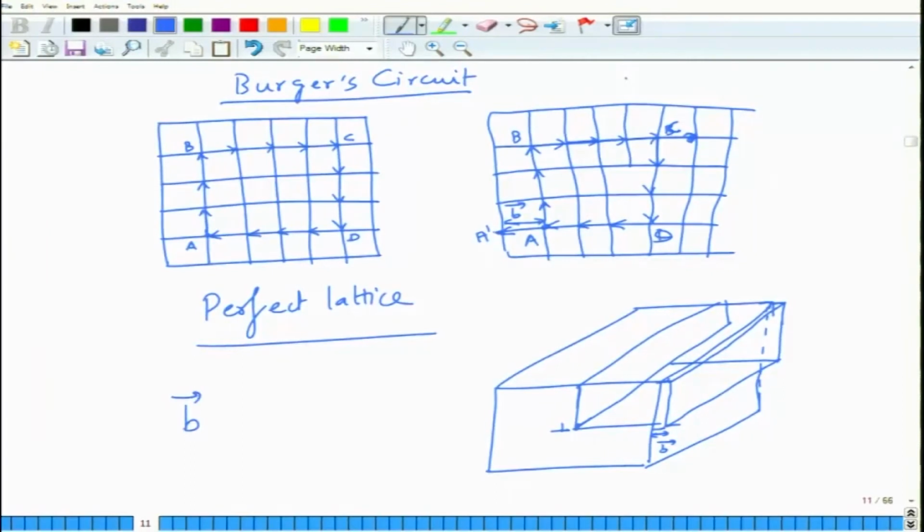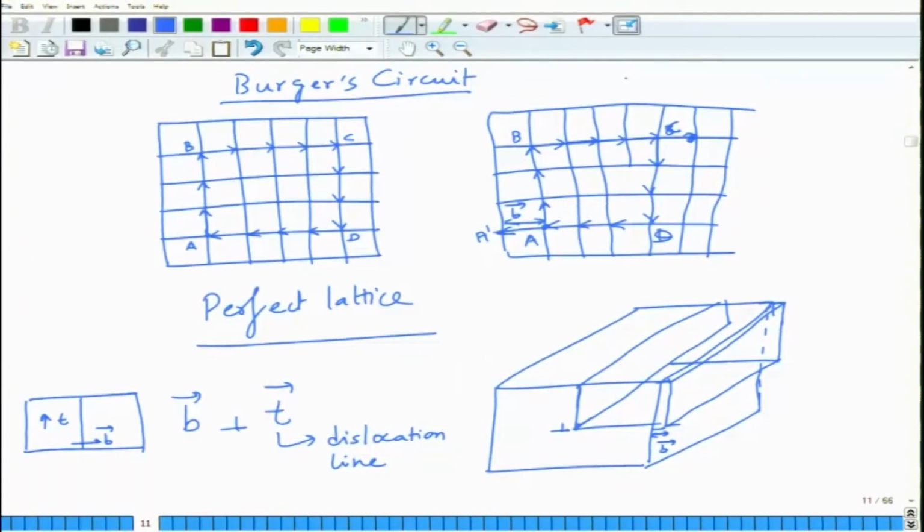B is perpendicular to T, the dislocation line. If you look at the top view, this is the dislocation line T, and this is the Burgers vector B.